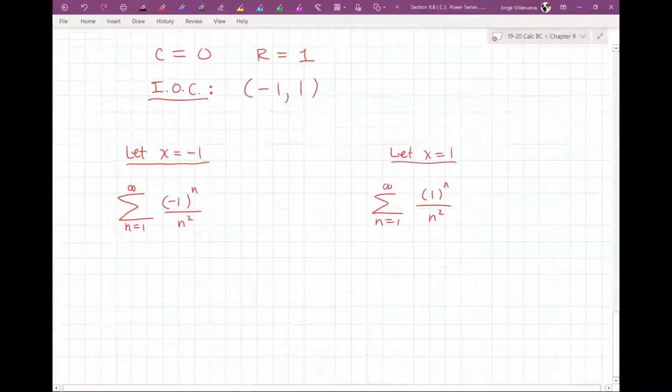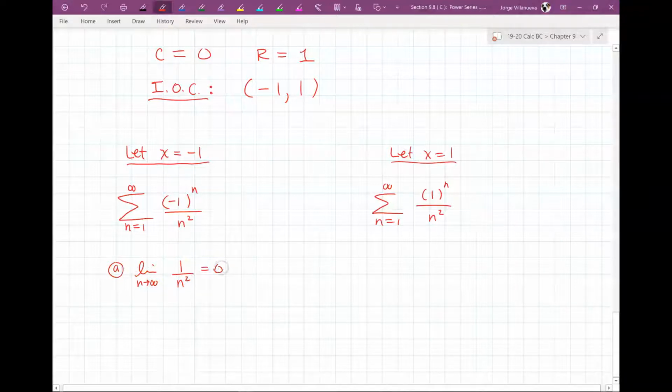Just use the alternating series test. So part A, is it true that the limit as n approaches infinity of 1 over n squared equals 0? Yes, that's a yes, right? Is it true that 1 over n plus 1 squared is less than or equal to 1 over n squared?